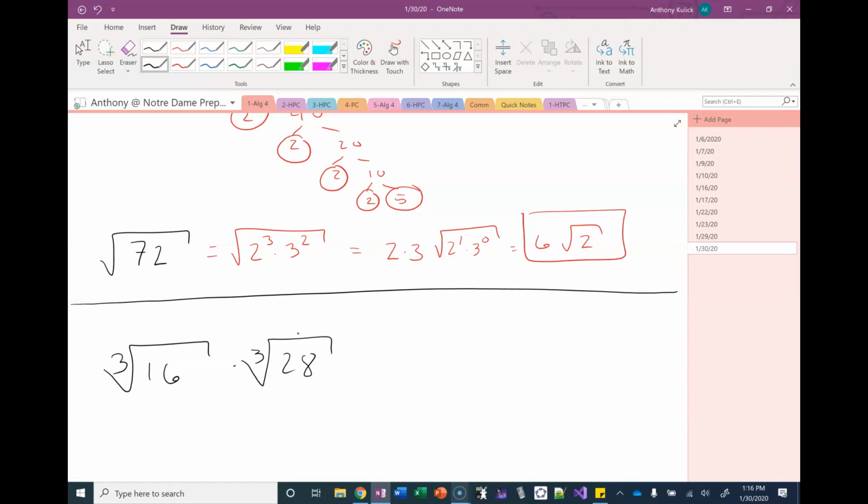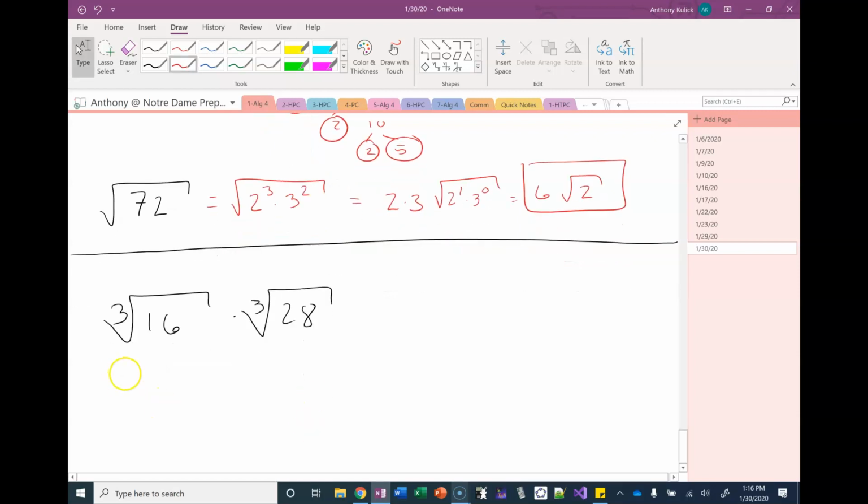What if we have the cube root of 16 times the cube root of 28? Great. What's the prime factorization for 16? Good. And what's the prime factorization for 28?